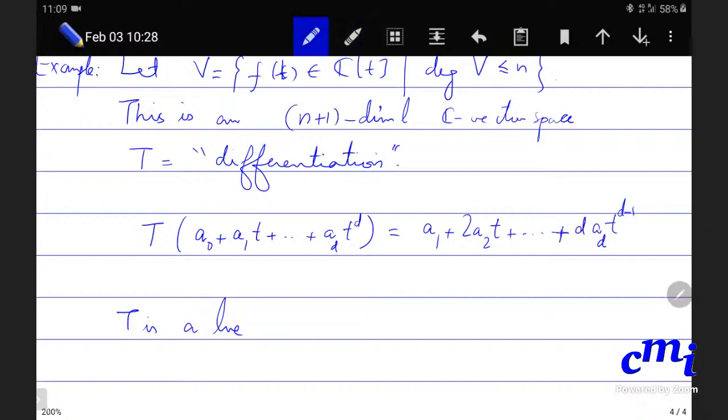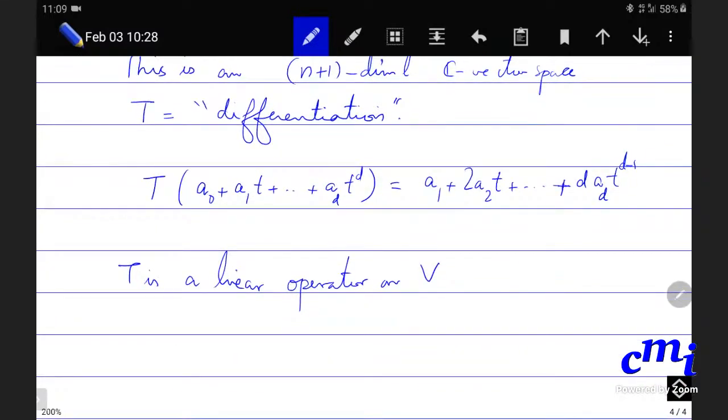T is a linear operator on V. And we know that if you apply this n plus 1 times, it is 0. If you take a polynomial of degree n and differentiate it n plus 1 times the way we've just defined, we would get 0.